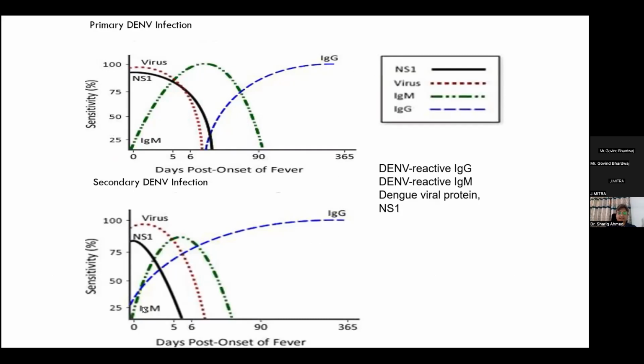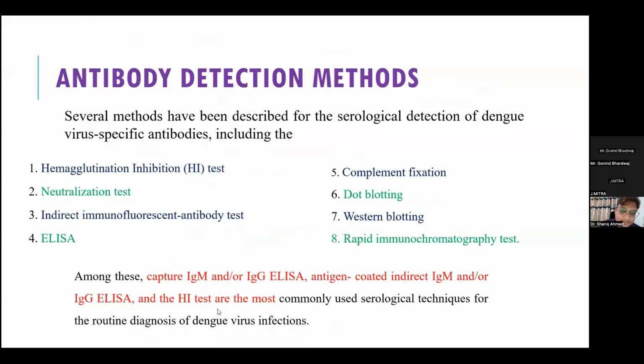But in secondary dengue infection, you can see that before the IgM rise, there is an IgG rise, and it constantly rises and then is detectable up to lifetime. But the IgM is the same, and sometimes it is not detectable at all in secondary dengue infection.